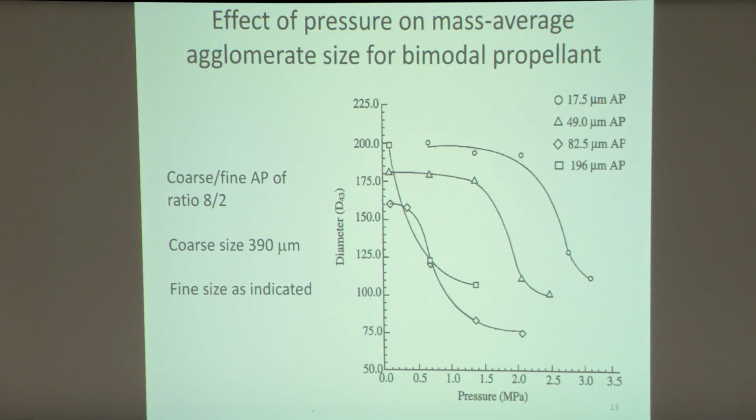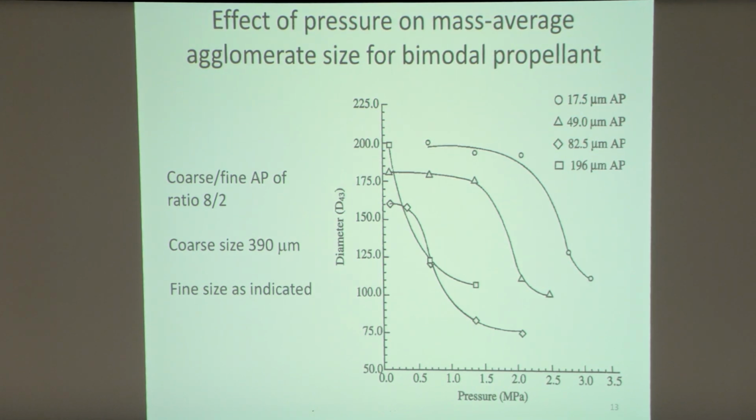This plot here shows the effect of pressure on the mass average agglomerate size for bimodal propellants. So if I look at this plot as a function of pressure versus the diameter of the particles coming off for different AP particles, in terms of the medium size.